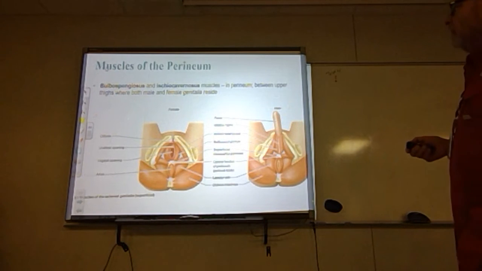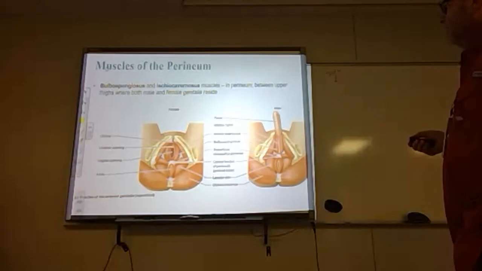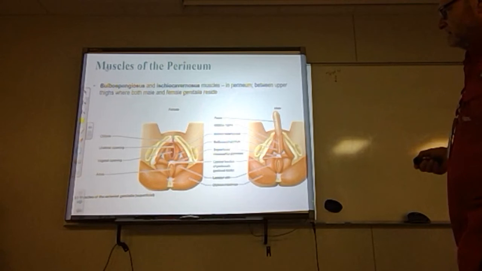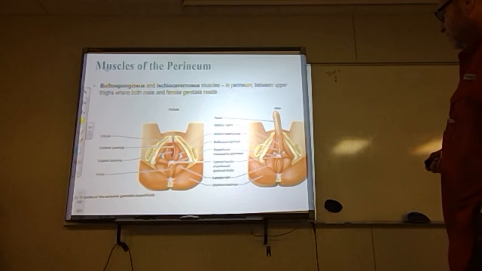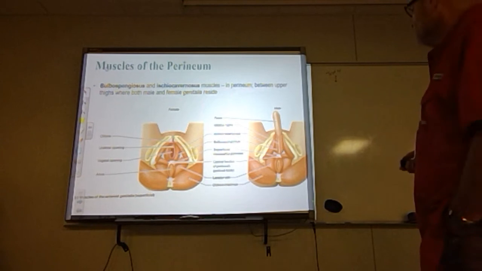Muscles of the perineum: the bulbospongiosus and the ischiocavernosus muscles. They're found in the perineum, and that's between the upper thighs where both male and female genitalia reside. So it's this area right here. Again, there's the gluteus maximus, that's your butt muscle.